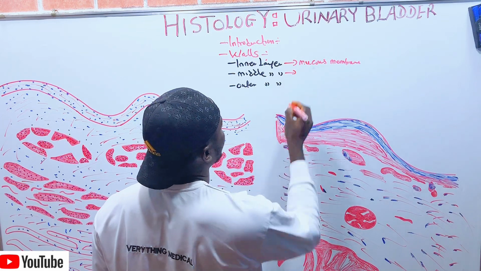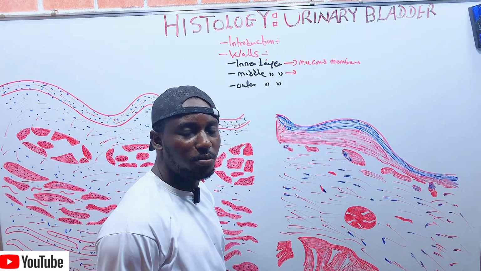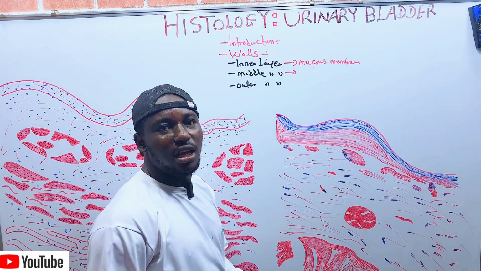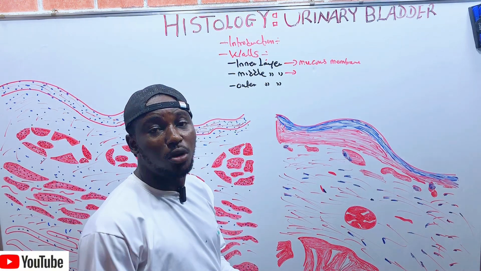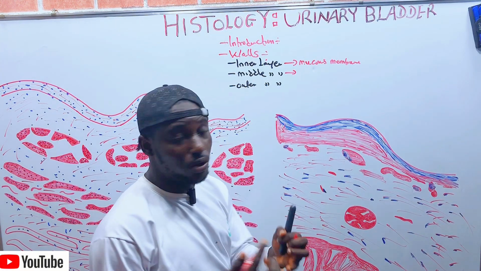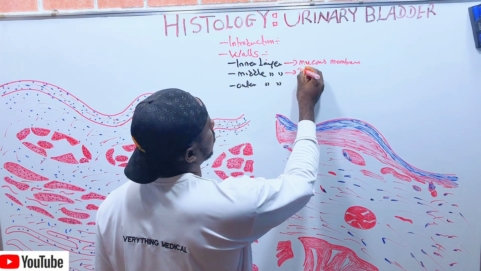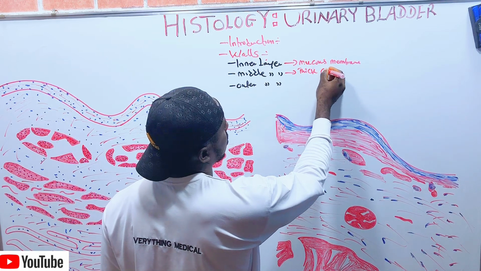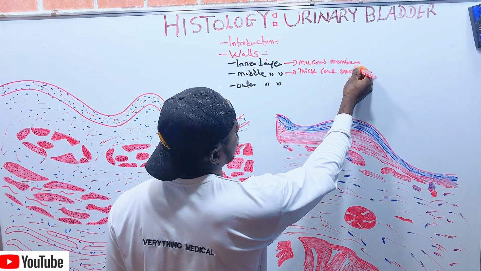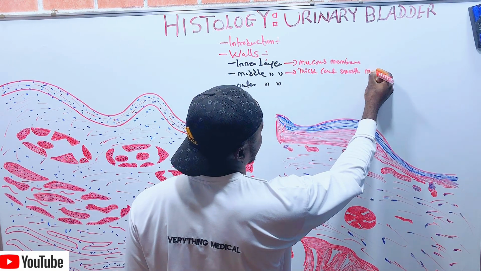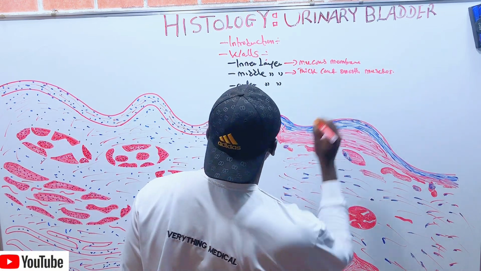While the middle layer is formed by a thick coat of smooth muscle layer or a muscular coat. Thick coat of smooth muscle layer, smooth muscles.